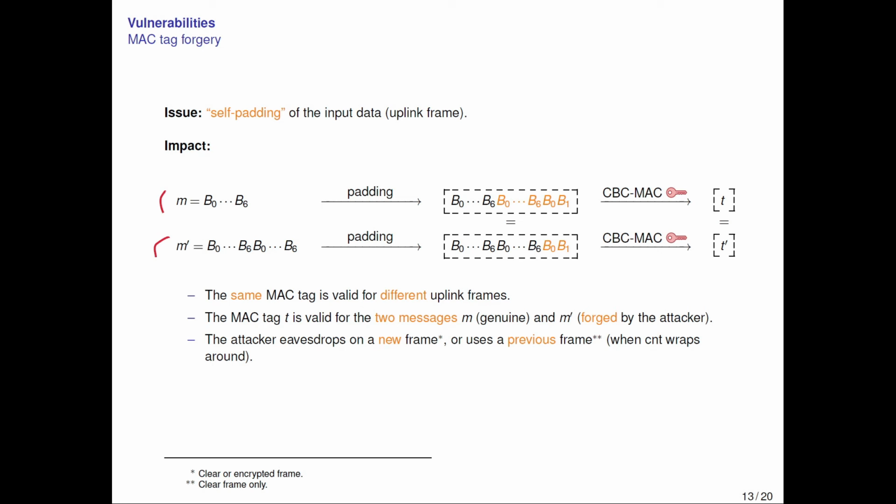First, she can eavesdrop on a new frame and forbid that frame from reaching the cloud. In that case, she can use a clear or an encrypted frame. Secondly, she can replay a previous frame when the explicit counter is reset to 0. And in that case, the adversary can only use a clear frame.